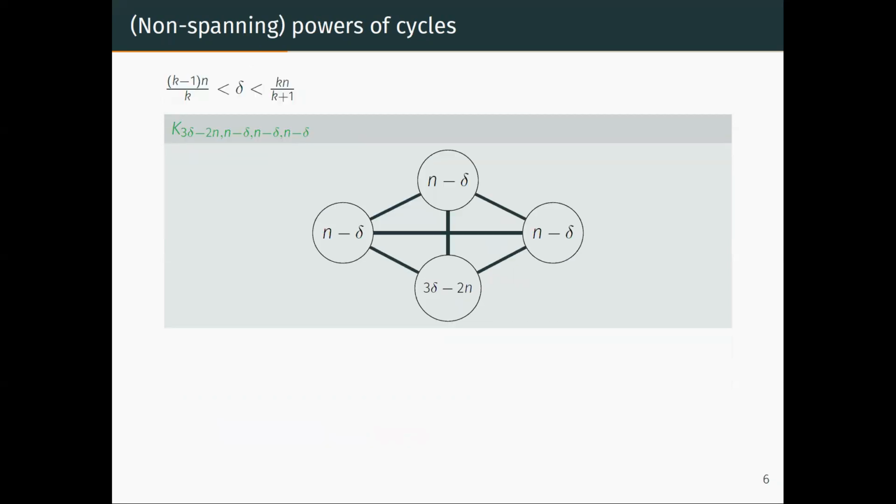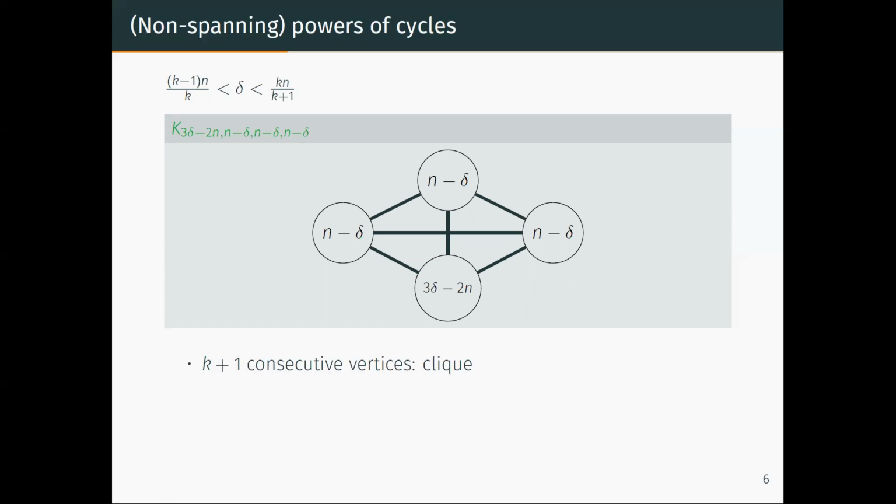Now we move on to the more interesting range, between (k minus 1)n over k and kn over (k plus 1), so between the Turán threshold and the Böttcher minimum degree. In this regime, we have 4-part type graphs of this sort, for k equals 3. We put an independent set here and here of size n minus delta, and put the remaining vertices in this smaller blob.